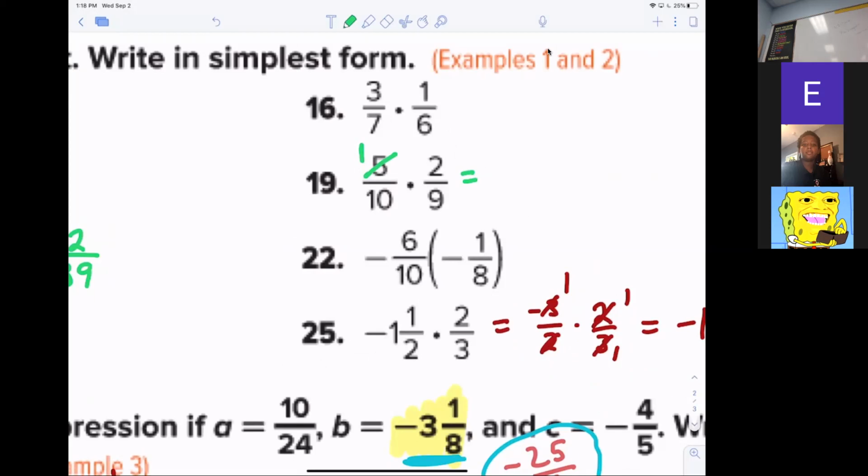And then 5 goes into 10. Now what else can I reduce? 2 goes into 2 how many times? Once. Final answer. 1 over 9. You're good.